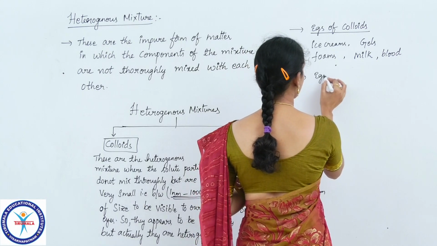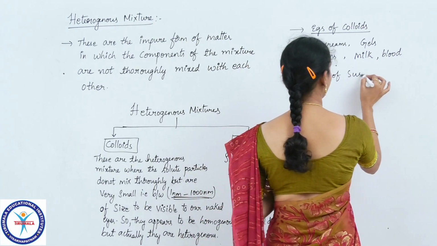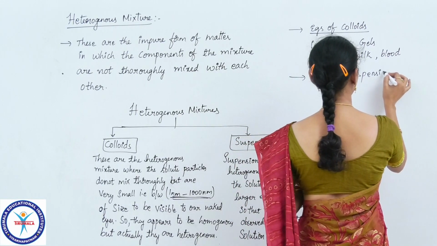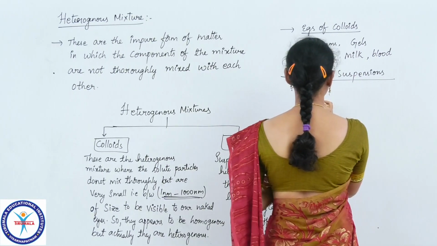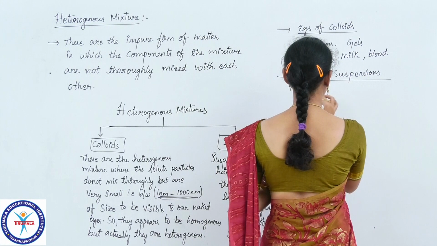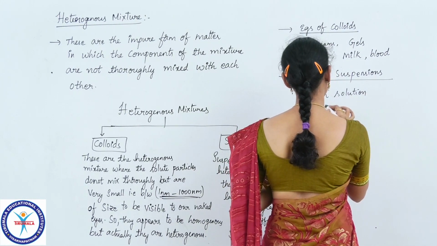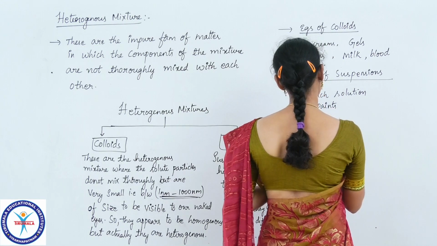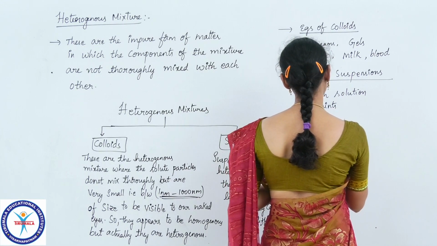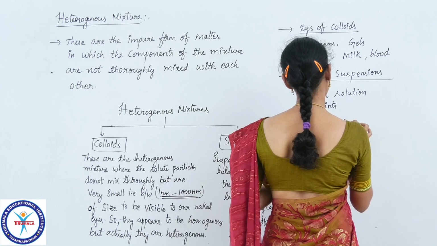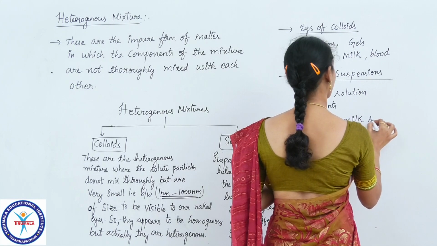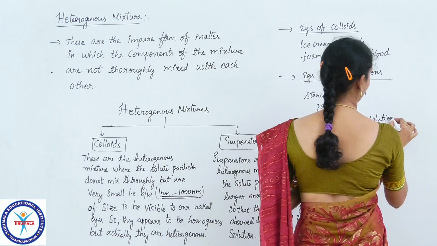Next, examples of suspensions include starch solution, paints, buttermilk solution, etc.